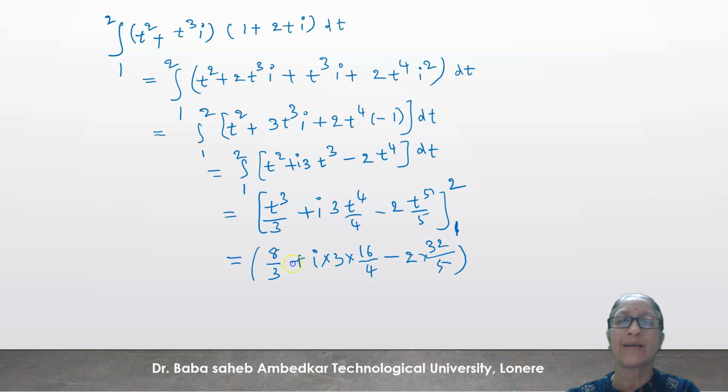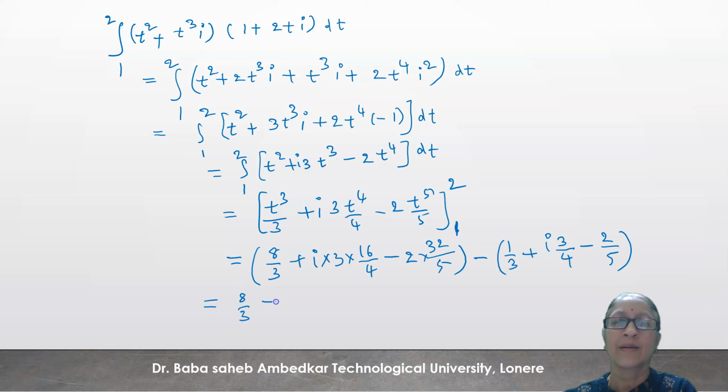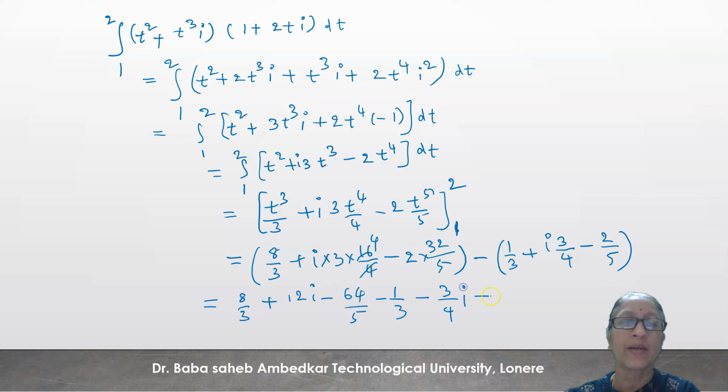Minus, when we apply the lower limit: 1 by 3 plus i into 3 by 4 minus 2 by 5. Let us simplify this: 8 by 3 plus 12i minus 64 by 5 minus 1 by 3 minus 3 by 4 i plus 2 by 5.